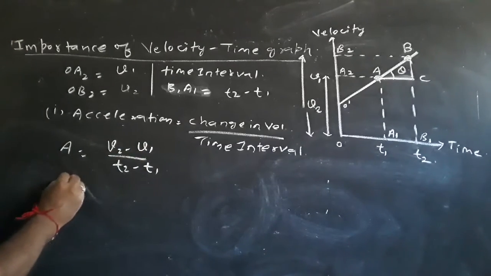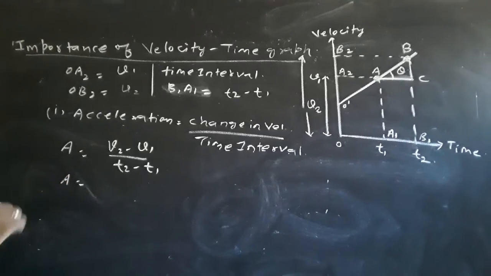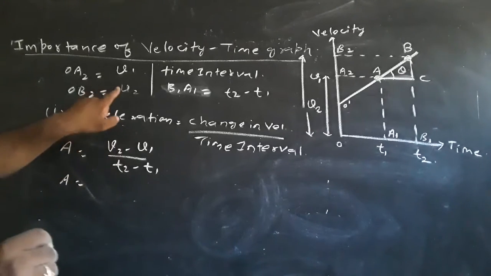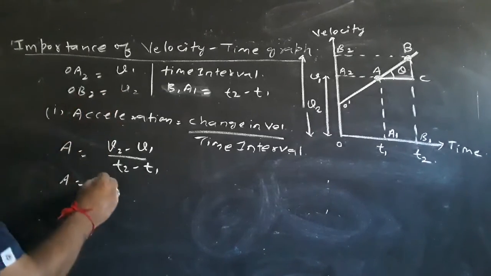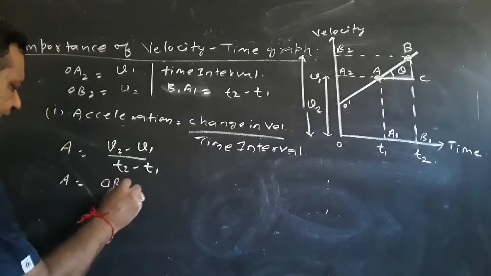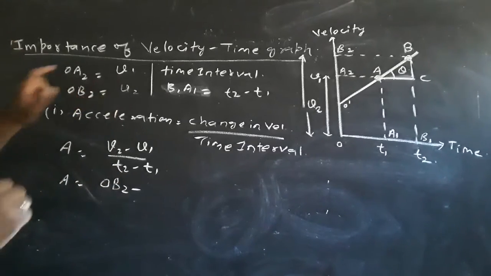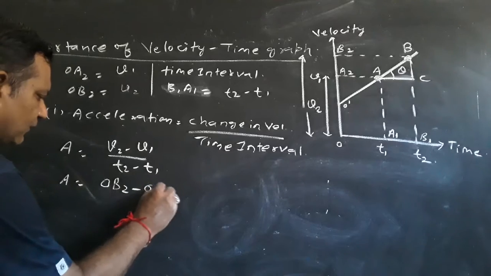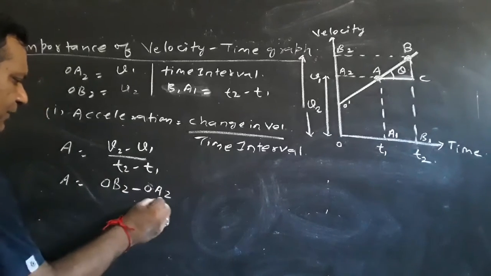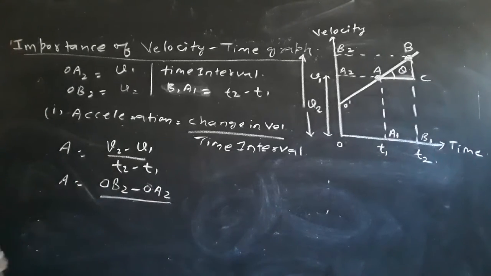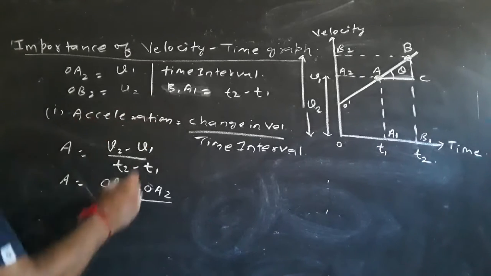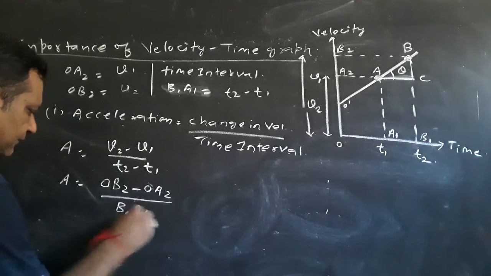Here v2 is equal to OB2 and v1 is OA2, upon t2 minus t1, which is equal to B1A1.